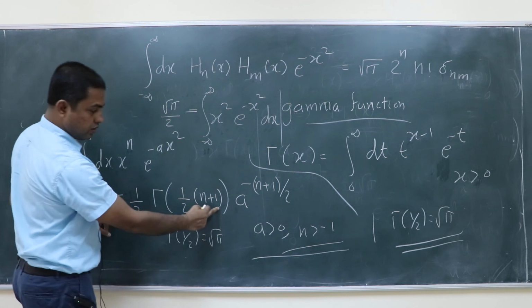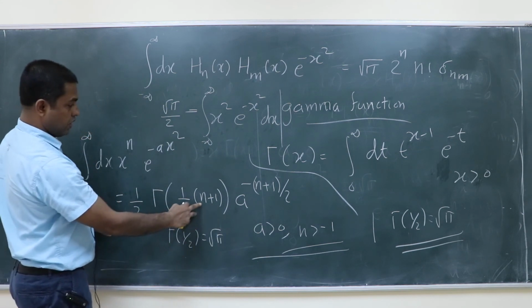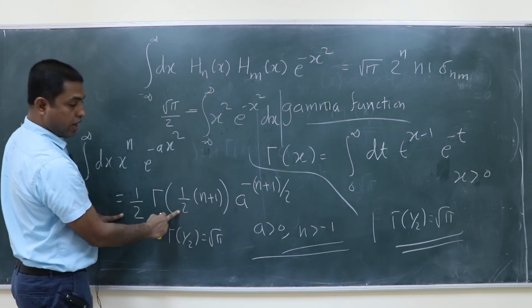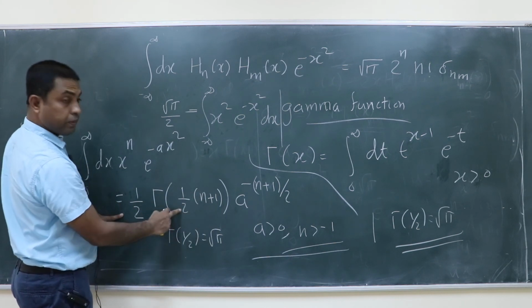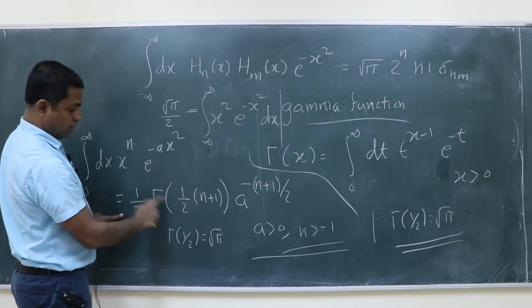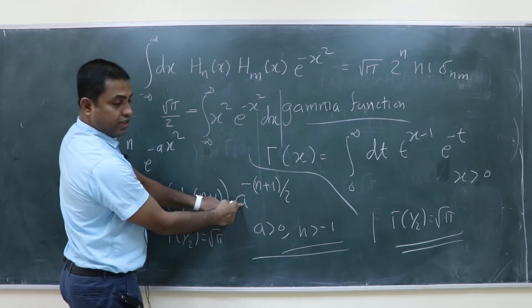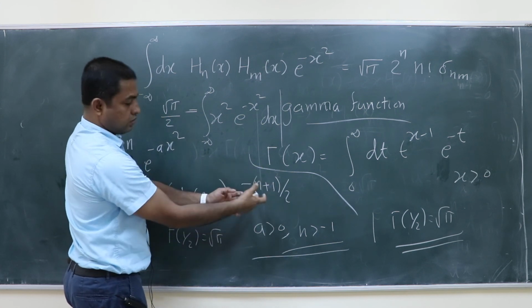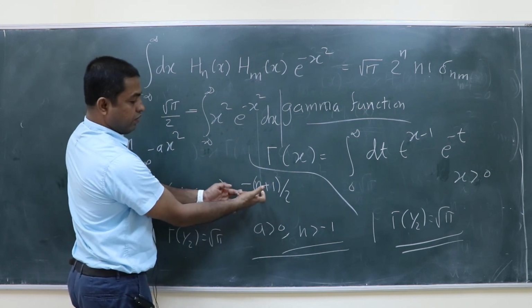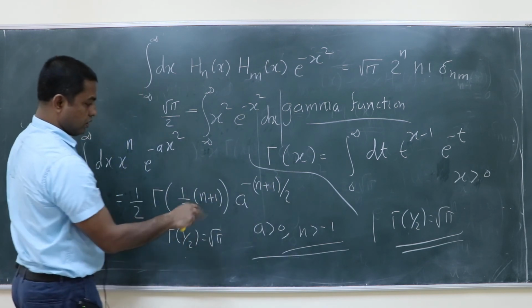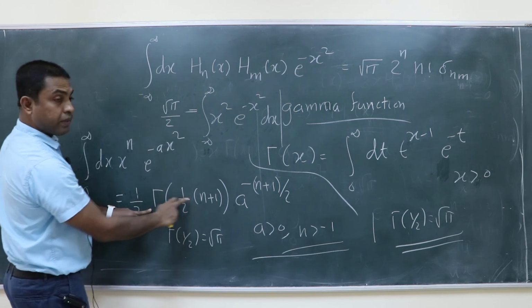What do you get here? n equal to 2, 2 plus 1 is 3 by 2, so 1 by 2 gamma 3 by 2. a is anyway 1, and 1 power 3 by 2 is 1 only. So there is no problem. 1 by 2 gamma 3 by 2.